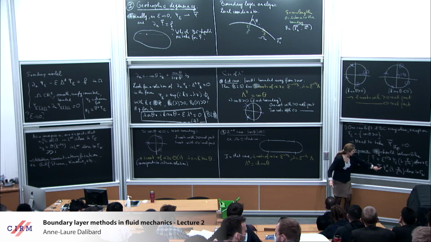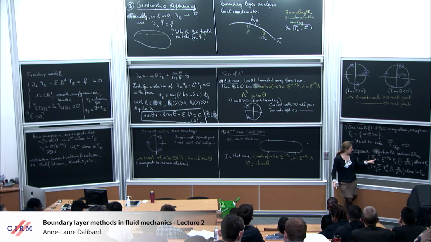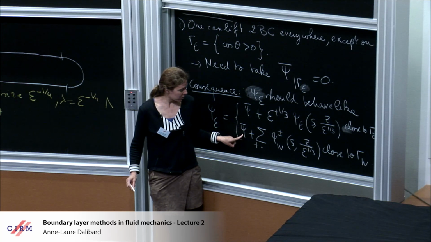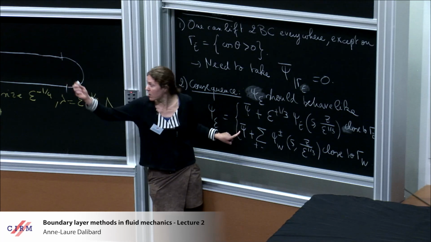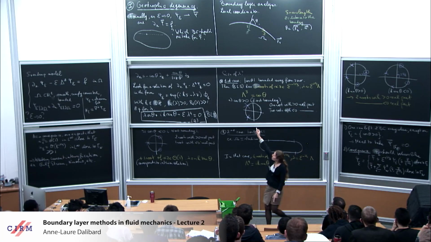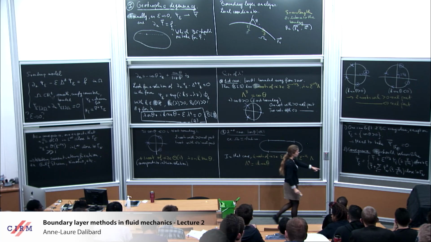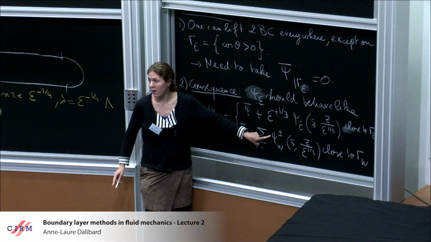In this one, well, because close to the western boundary, the trace of this quantity is 0. Okay, this is how I choose psi bar. Okay, but close to the western boundary, the trace of that quantity is not 0. It's just the integral over my whole dashed line over there. Okay, so it has a non-zero trace, and I need to compensate for it with my two boundary layer profiles.